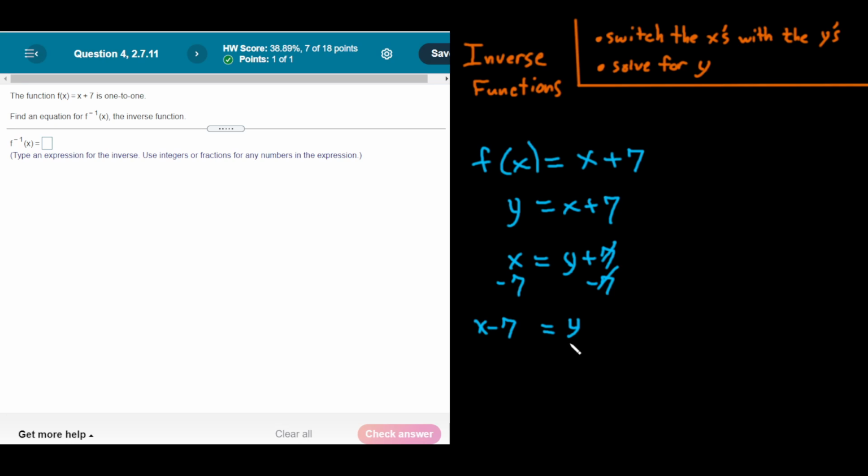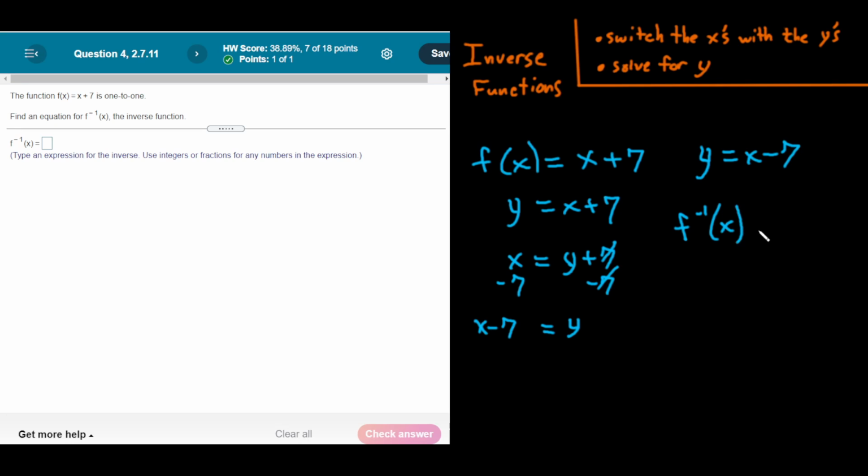Now we got the y by itself. So how about we write it differently? How about we say this is y is equal to x minus 7. Remember, the only thing I did was put the y on the left side. This is effectively the same statement, right? x minus 7 equals y, so y is equal to x minus 7, tomato. Now that you got the y by itself, you basically just created an inverse function. So to do that, you put a -1 here.